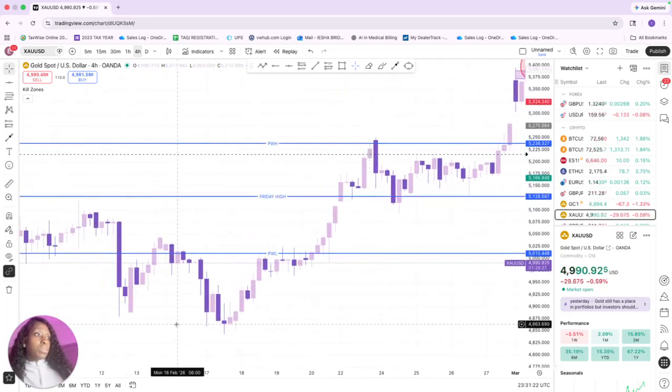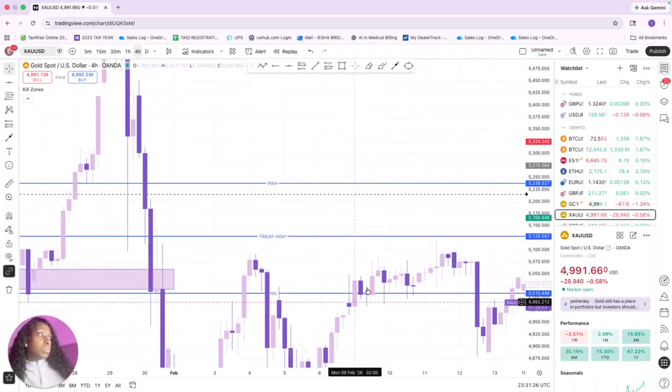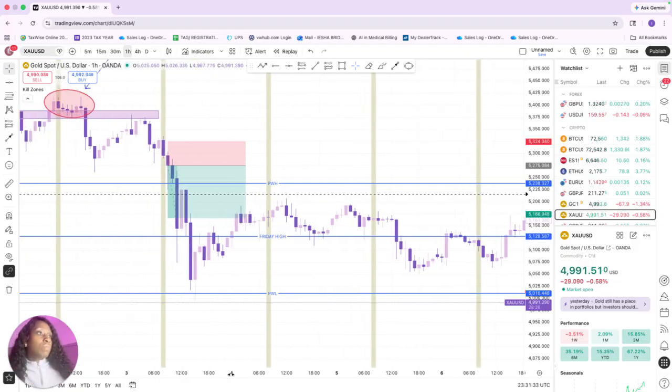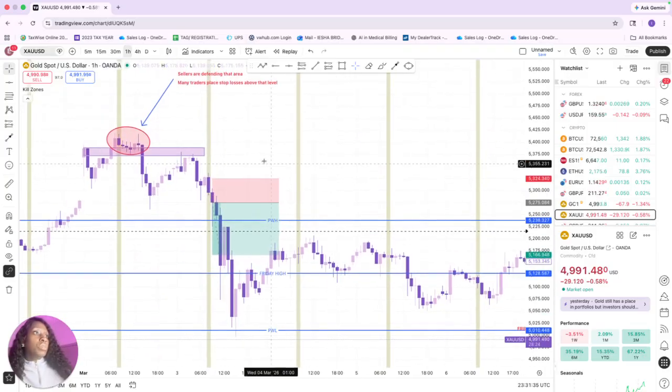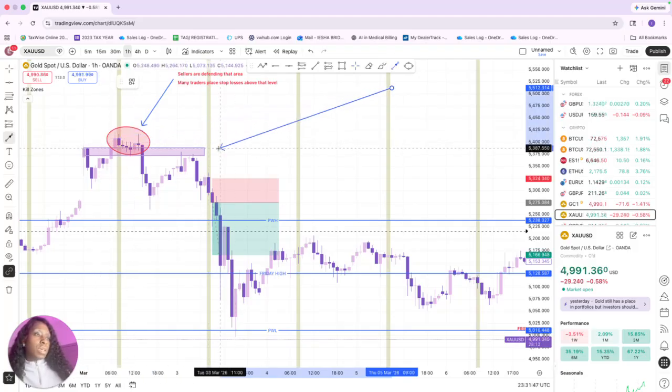So I'm trying to find another good area to show you. Okay, so let me go back down to the hour. Right, okay, so as you see, price reacted to this level where the sellers are sitting in the market. Like I explained earlier, you have sellers sitting in the market, so a resistance has been formed.